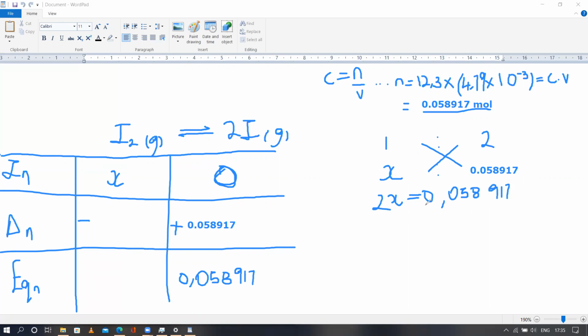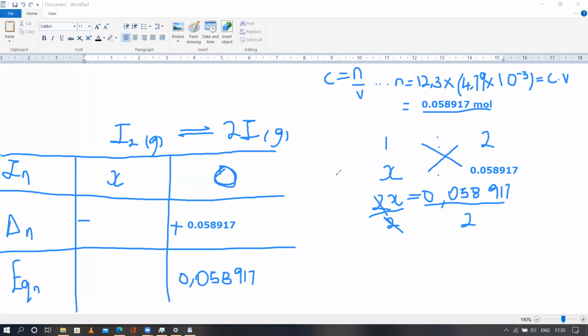And now you're going to divide both sides by 2 to find the number of moles of the iodine molecules that were converted into iodine atoms.